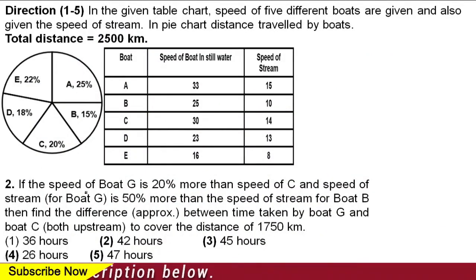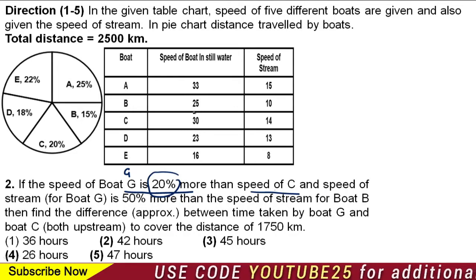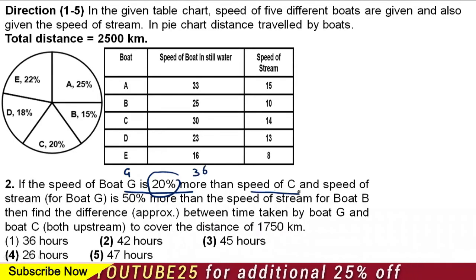Now, if the speed of boat G is 20% more than the speed of boat C, so we don't have a boat G over here. There's another boat G whose speed is 20% more than the speed of boat C. So boat C is 30, so 20% more will be 36. 20% will be 6, right?